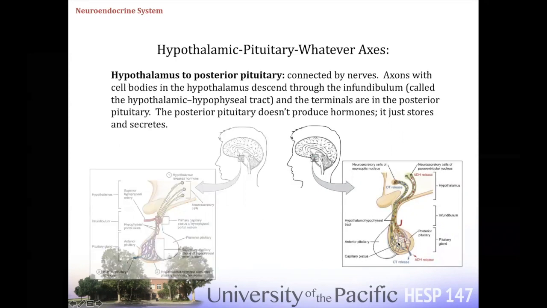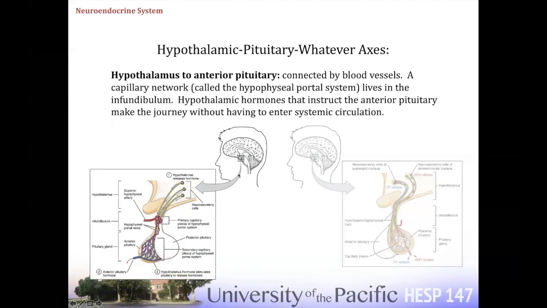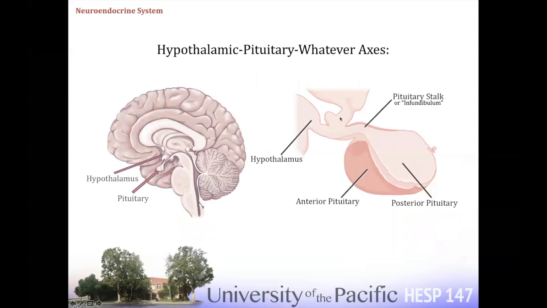In the posterior pituitary, it's not blood vessels. In the posterior pituitary, it's nerves, right? So the cell bodies of these nerves live in the hypothalamus, and then they descend, they go down the infundibulum, right? On this last picture, or I guess two pictures ago, that pituitary stalk right here, or the infundibulum.